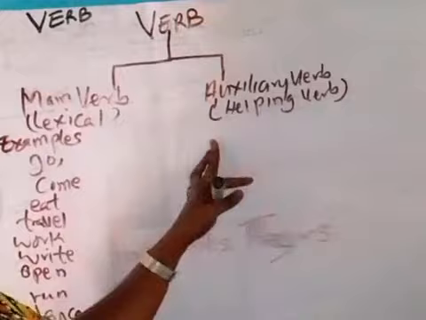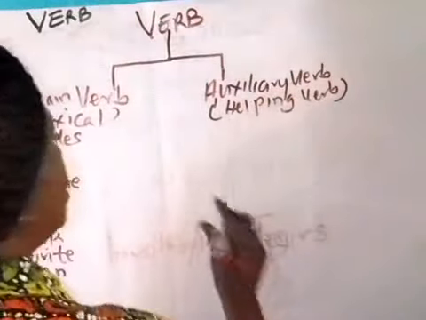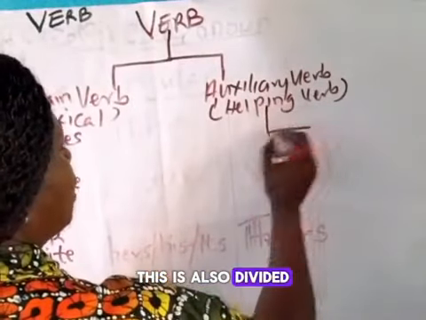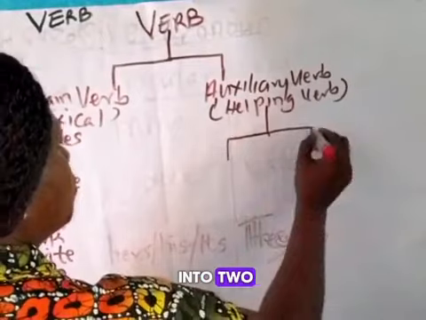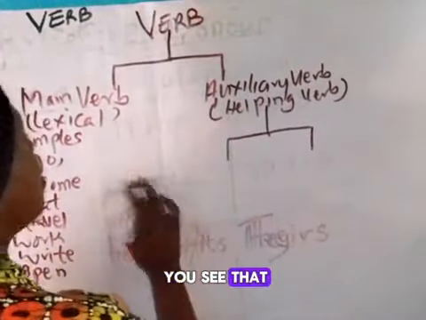So our auxiliary verb is also divided into two. Do you see that?